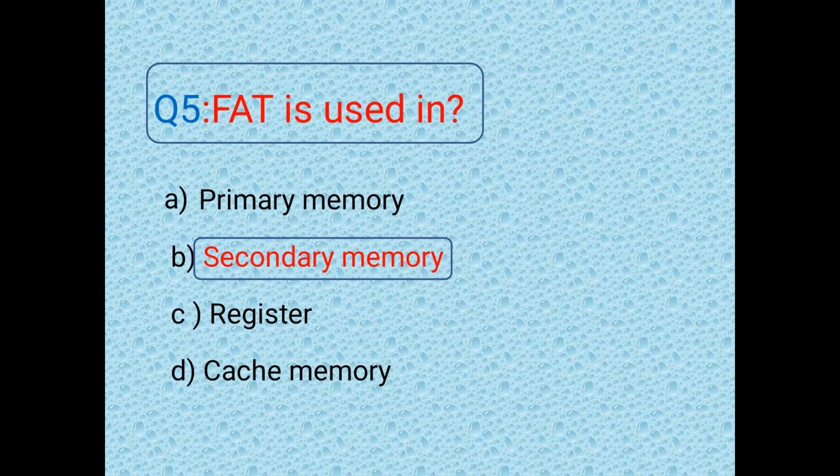It was developed in 1977 for floppy disks and hard disks. There are different variants of FAT: FAT12, FAT16, and FAT32. FAT is primarily used for floppy disk and hard disk secondary devices. So the correct option is B, secondary memory.